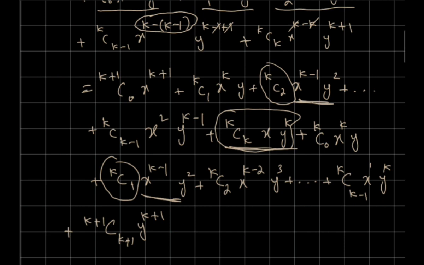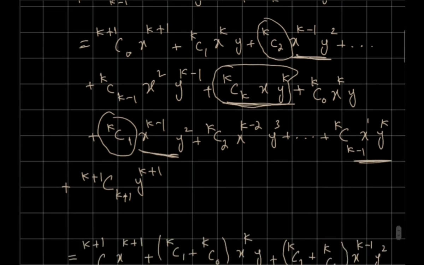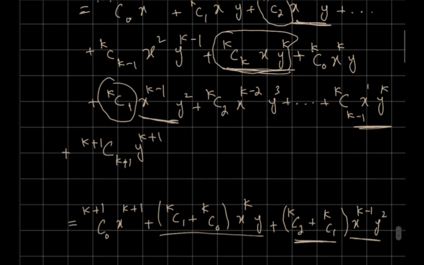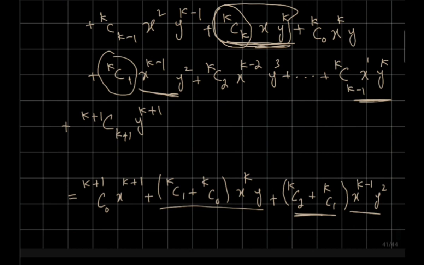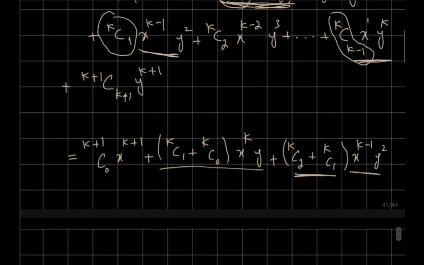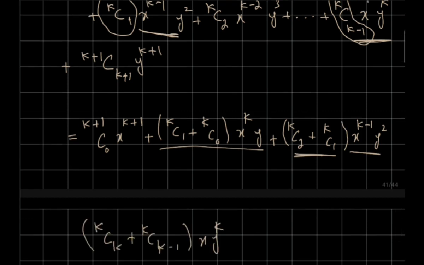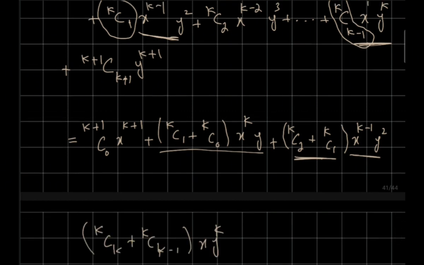Where is xy to the k? This is here. You can see xy to the k. So in these two terms, the coefficients are kck and here kck minus 1. So we will add them. And what about the last term? We will write it down as it is.